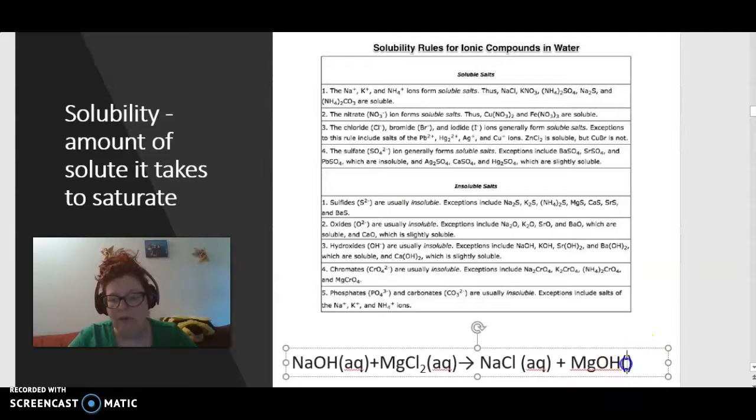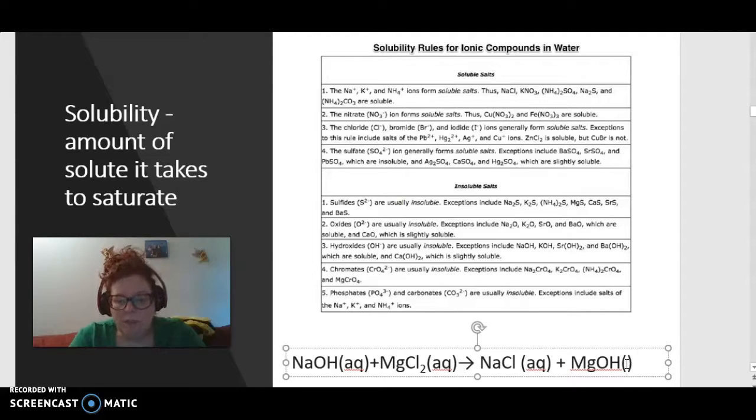What about this one? Magnesium hydroxide. It says sulfides are usually insoluble, except, well, we don't have one of those. Let's see, where are we? Let's look at number 2. That one doesn't apply. Look at number 3. Chlorine, bromine, iodine. That doesn't apply.